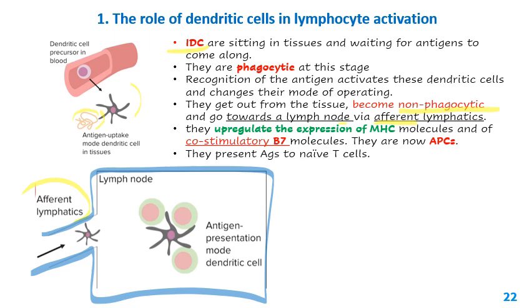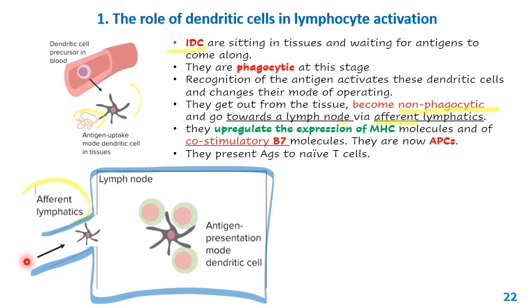Now, your dendritic cell can get there in different ways. If it gets a pathogen that is out in the interstitial fluid, out of the blood vessel, then it's going to hop into the lymphatics and go through them to reach the nearest lymph node, because it doesn't want to go too far.